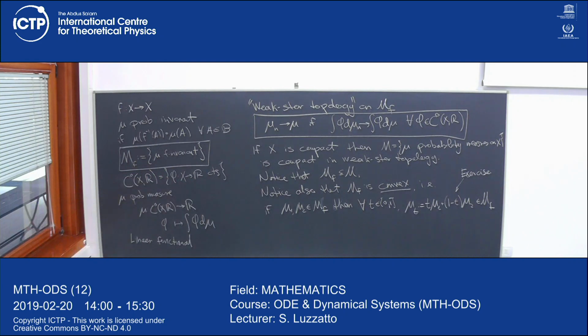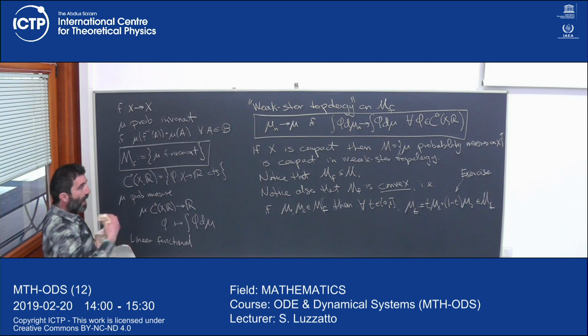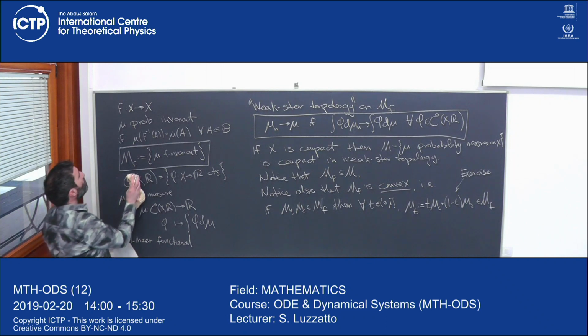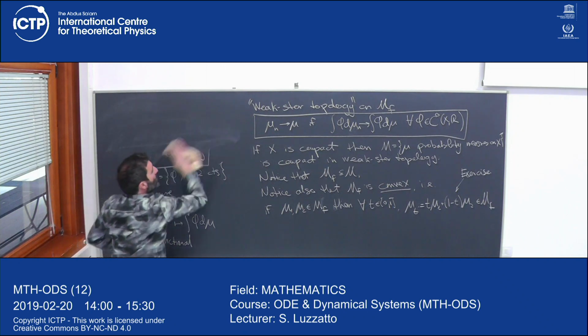So first, now that we have this notation, we're going to introduce a map on the space of measures.